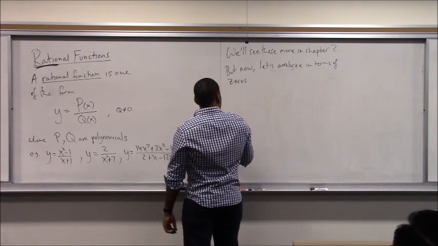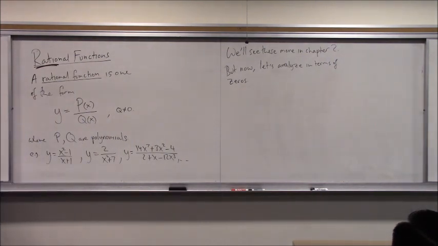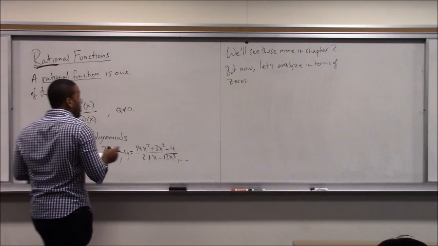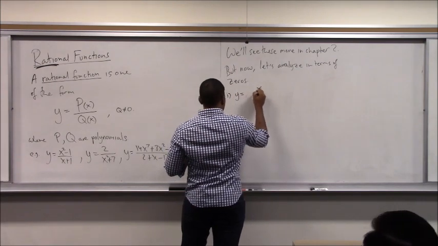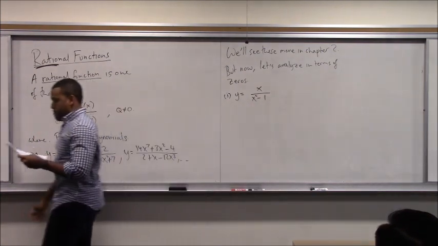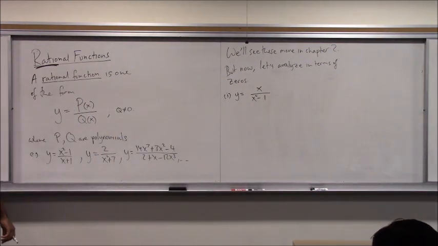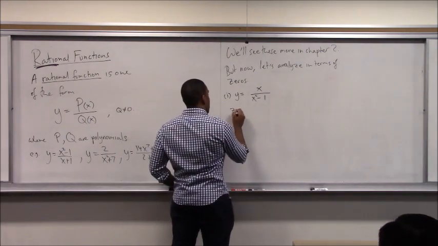So let's look at two examples. Let's start with this one: y equals x over x squared minus 1. How do you find the zeros of this function?